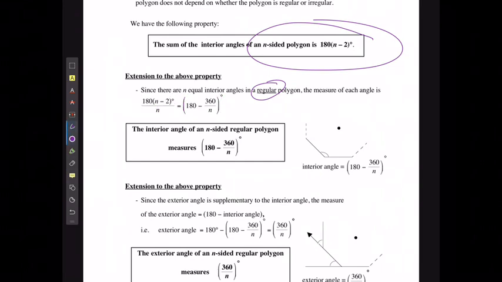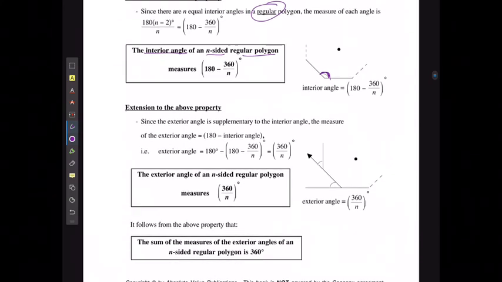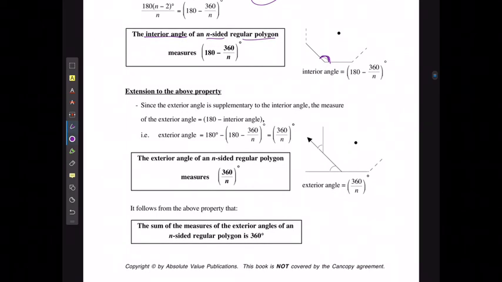So we can say that the interior angle of an n-sided regular polygon is going to be 180 minus 360 over n for that interior angle. Since the exterior angle is supplementary to the interior angle, if I took that interior angle and continued it on out here, then the two of them are going to have to add up to 180.